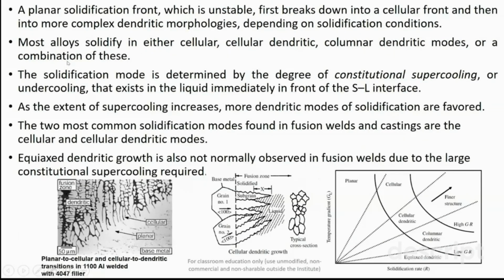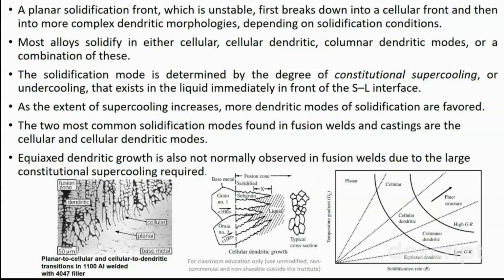Initially, the planar solidification front is unstable due to the rejection of solute atoms into the liquid melt and the rapid conduction of heat from the solid liquid interface. So that interface becomes unstable and breaks into the cellular front, and for a short distance again it changes into a more dendritic morphology depending upon the solidification conditions.